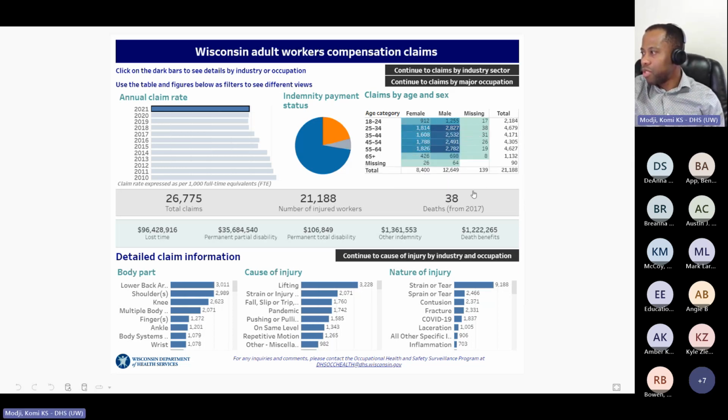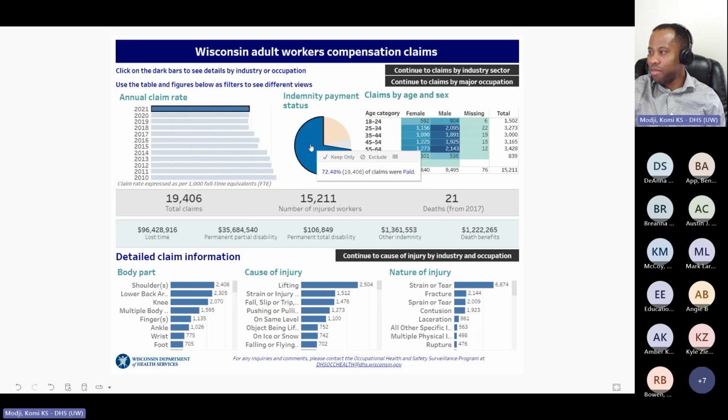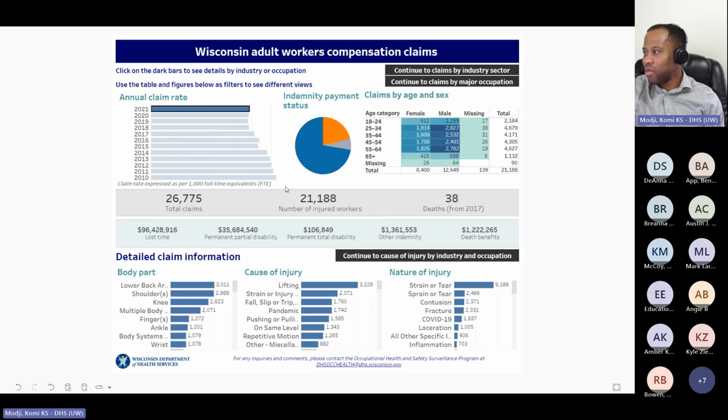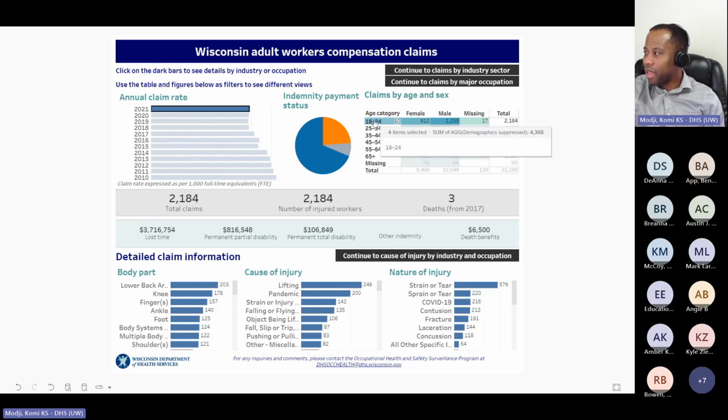We also have the distribution of those claims by age and sex. And you can see that, like I said previously, everything here is a filter. You can just want to see the distribution of claims by just paid claims. It will automatically update the dashboard. You can just click back on it. It will reset it. You can just be interested with any given year, and you will see the filter working across the whole page.